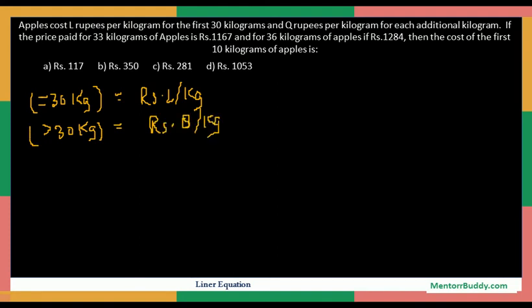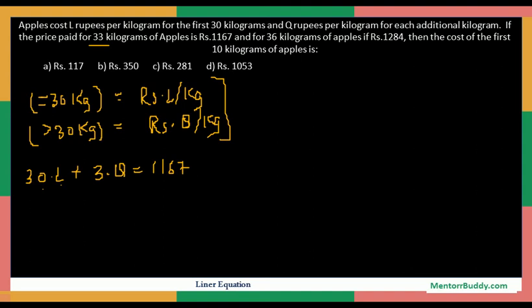So with the help of the same data, we can say if the price of 33 kilogram is 1167, we can deduce that 30 into L plus 3 into Q is equal to 1167. How am I getting this equation? So for first 30 kilograms, out of 33 kgs, the cost will be 30L, and for the remaining 3 kgs the cost will be 3Q.